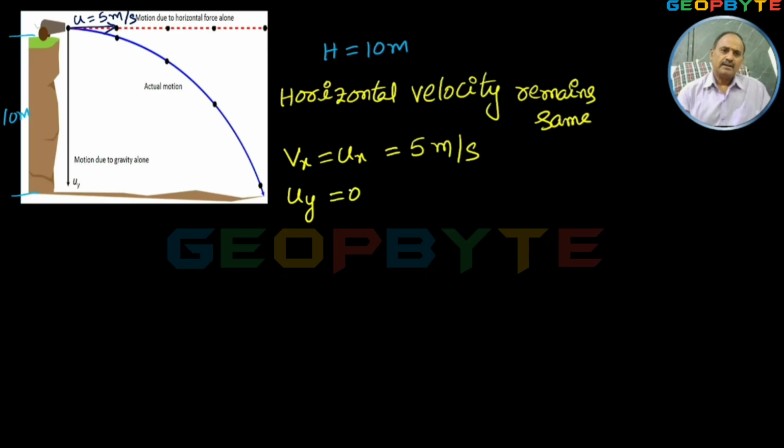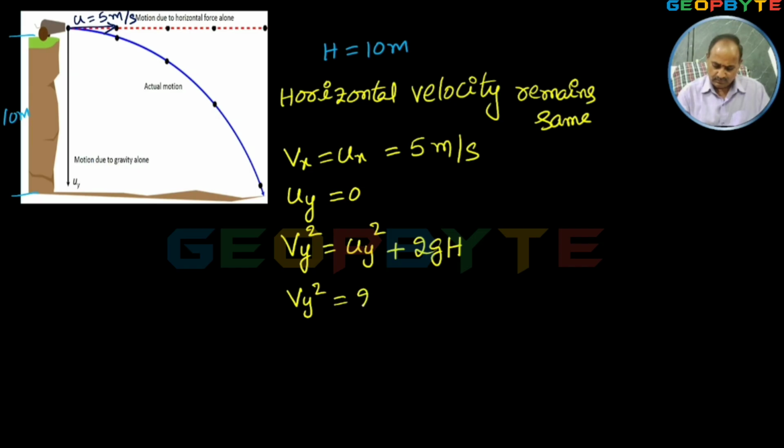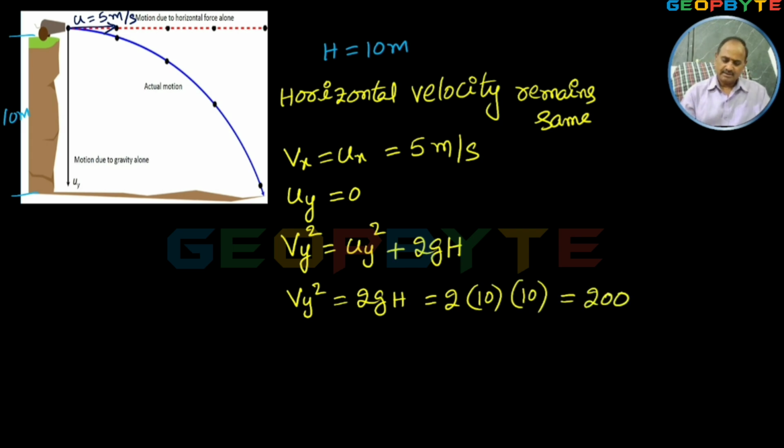There is no vertical component of velocity initially. But Vy equal to what? Vy square equal to Uy square plus 2gh. Since Uy is 0, Vy square equal to 2gh. 2 into g is taken as 10, h is 10. It is 200. That is the Vy square.